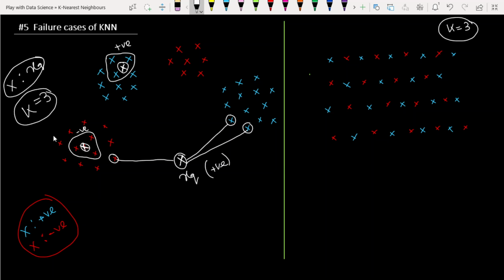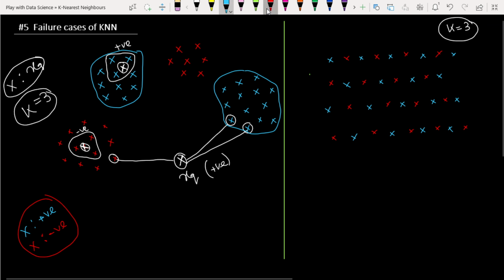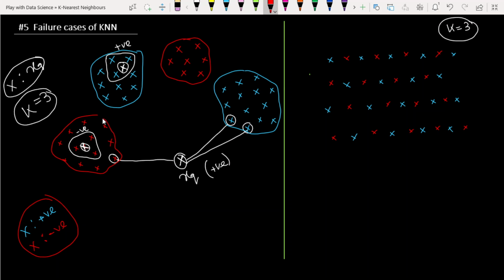If you see, our classes are making nice clusters. This is our positive cluster of points, this is another cluster of positive points, and this one is another cluster. These sets of data points make nice clusters here.